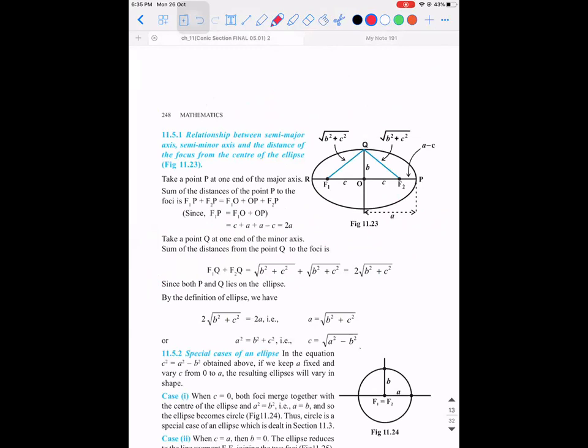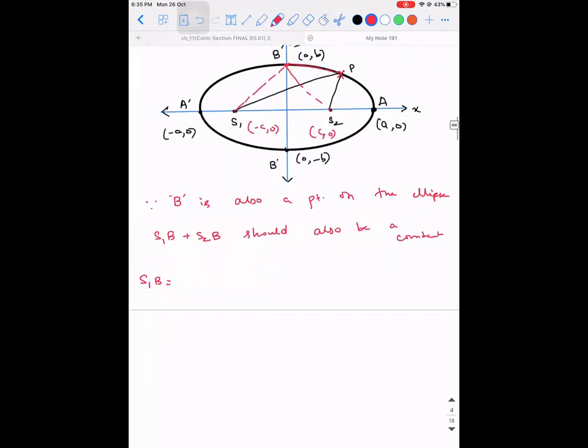Okay, so I'll make it even more simple. Instead of S1b, can I take it as S1a? Because that is a point on the x-axis. It is easy for us to cancel. Since A is a point on the ellipse, can I say S1a plus S2a should be a constant?